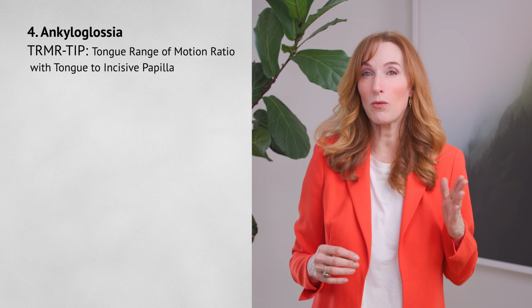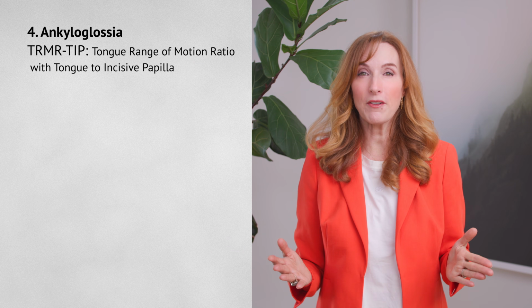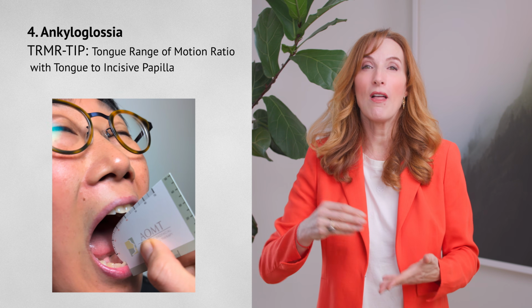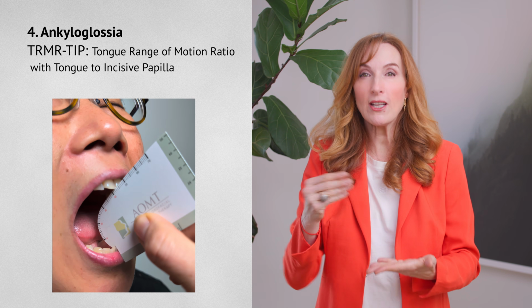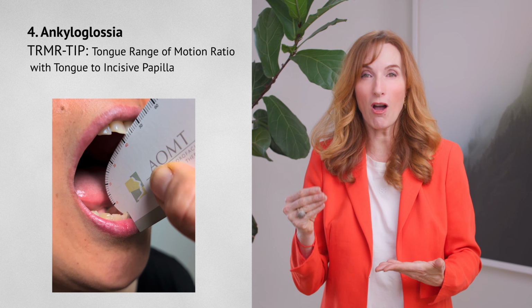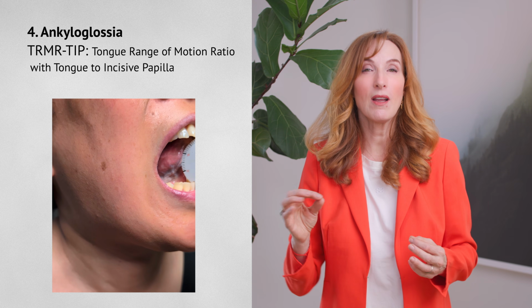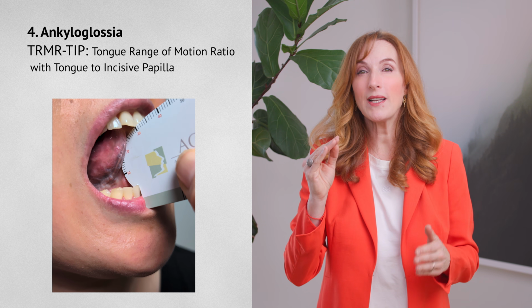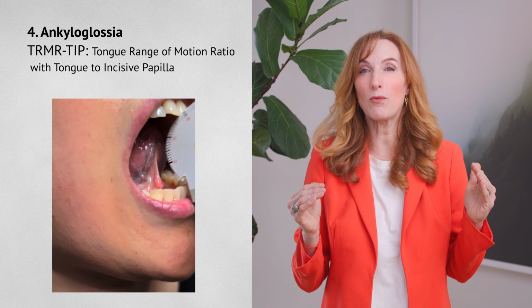So this next area is looking at ankyloglossia using the tongue range of motion ratio. The way that you calculate this percentage is by opening the jaw, and you're going to measure the jaw opening range of motion. That's going to give you your denominator. The next number is when you elevate your tongue to the incisive papilla. What does that create in terms of a ratio?